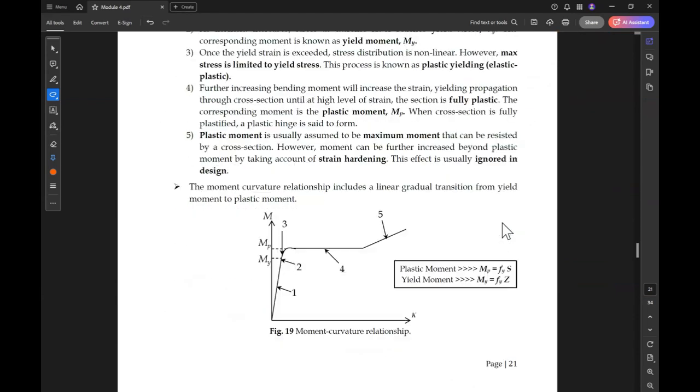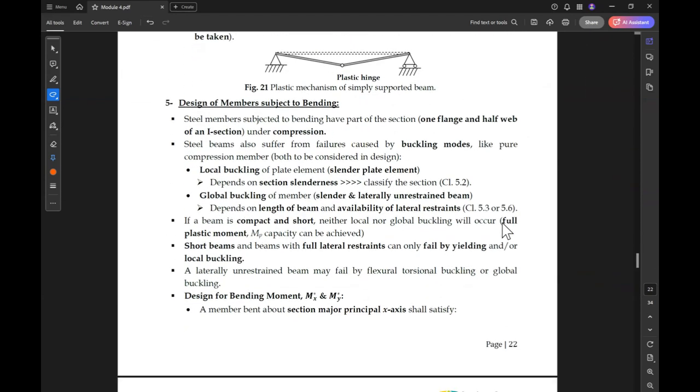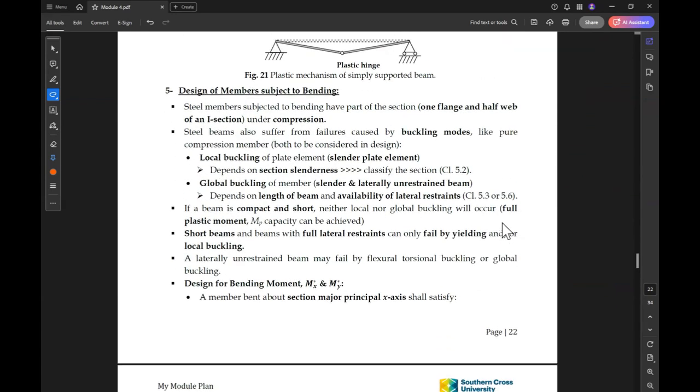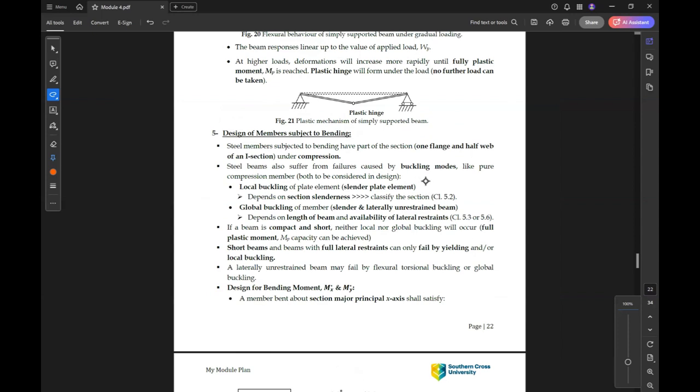We can have a look at the flexure theory, and then let's jump to the design of members subjected to bending. So for members subjected to bending, steel members subject to bending have part of the section, one flange and half the web of the I section, under compression.